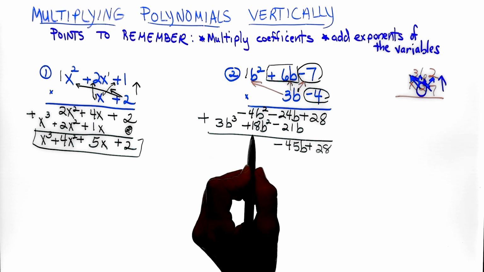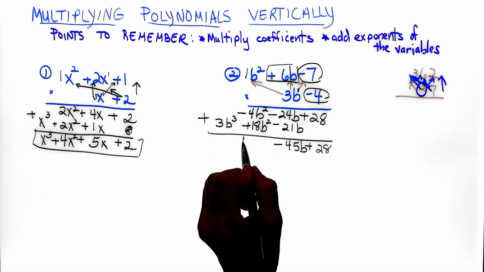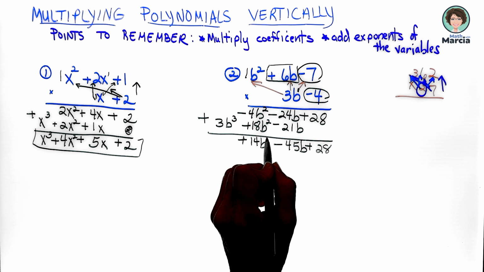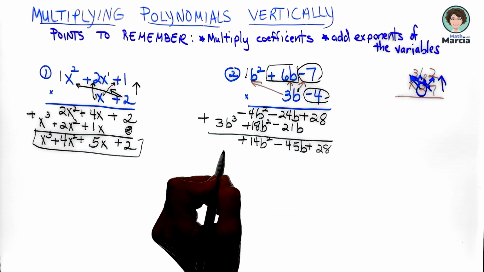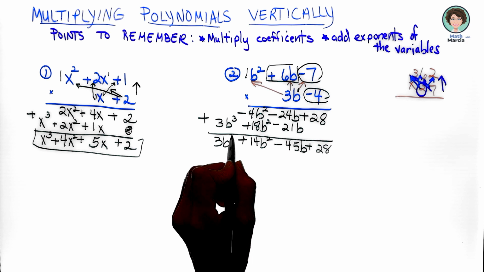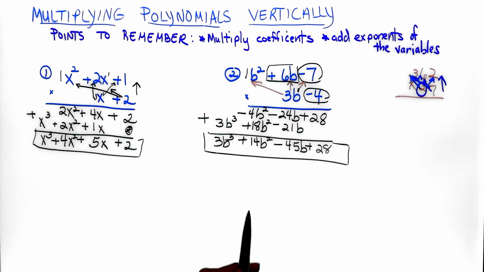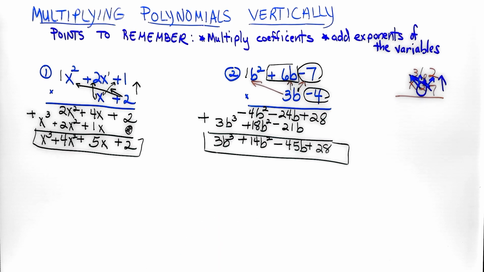So -4 and a positive 18 is going to give me a positive, notice I'm writing a plus, 14b squared. And since he's alone, we just bring him down. And our final answer will be 3b cubed plus 14b squared minus 45b plus 28.